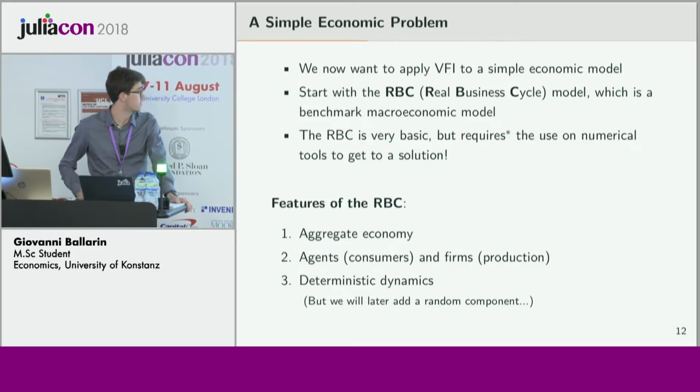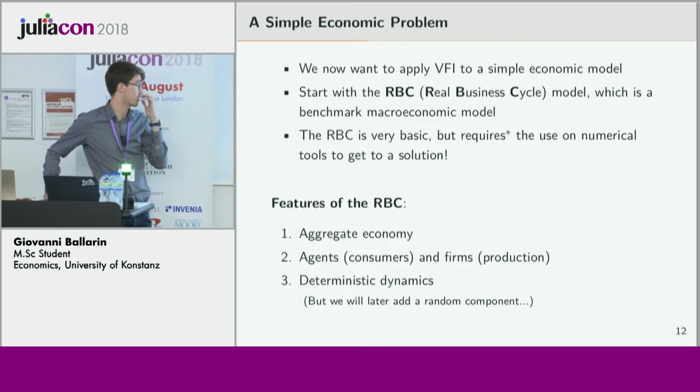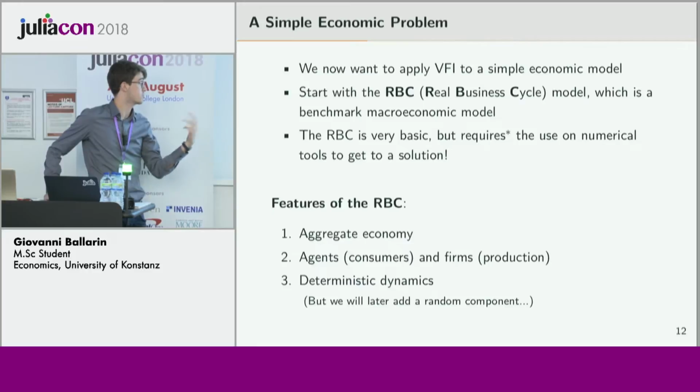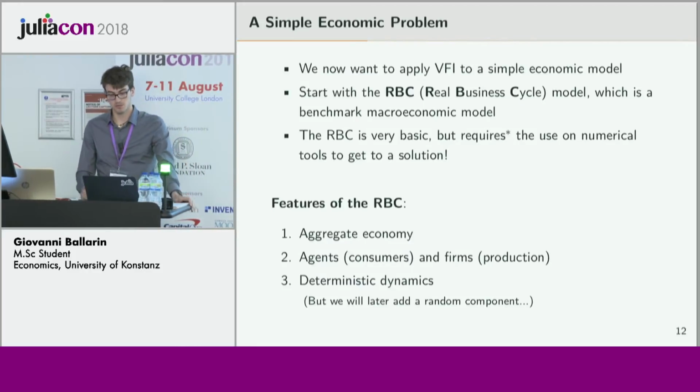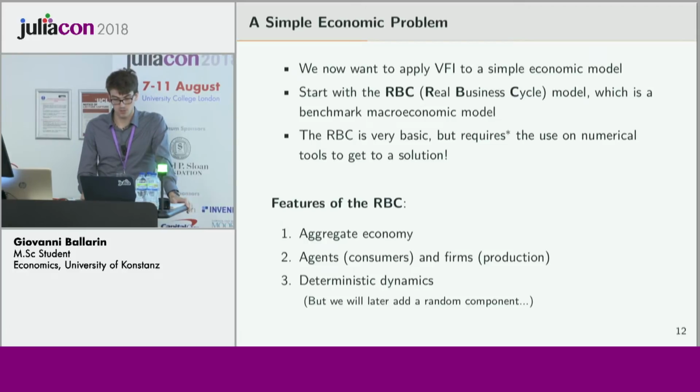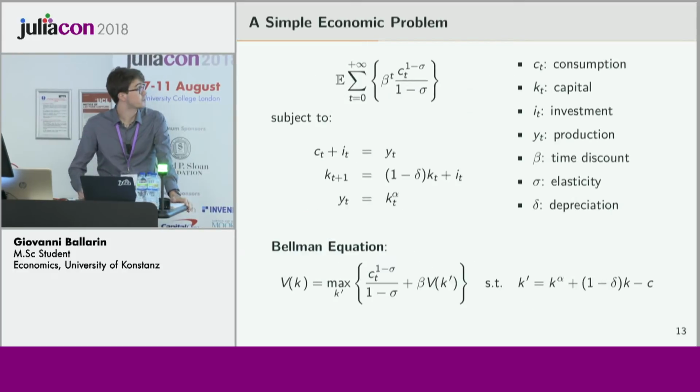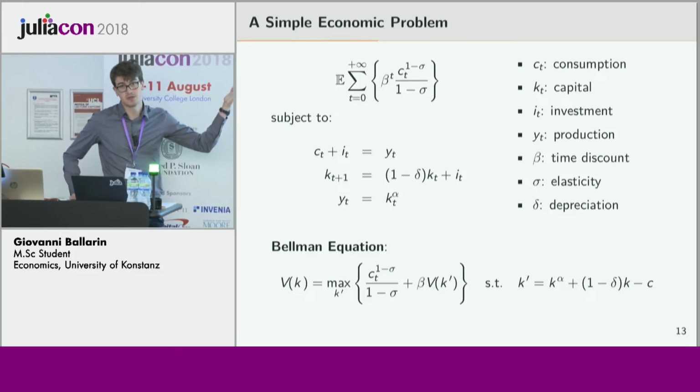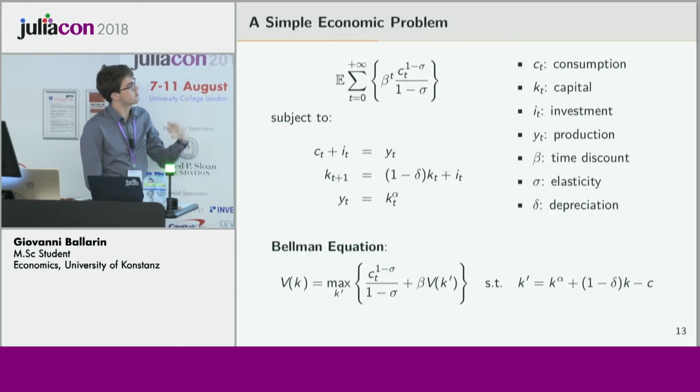The features of the RBC model in itself are an aggregate economy. We have consumers and firms which do production, and it's very deterministic. It solves an optimization problem for an agent who lives an infinite amount of time.